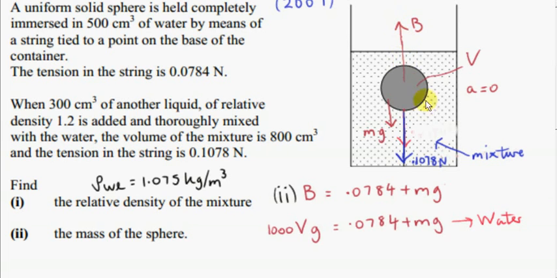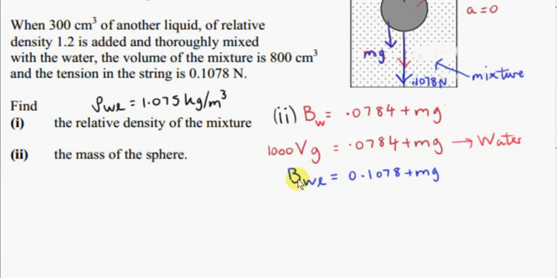And indeed that makes sense. We know that if the density of the surrounding liquid increases, then the buoyancy increases. So the upwards forces must equal the downward forces. The magnitude of the upwards buoyancy, WL, that's the water and new liquid mixture, is equal to 0.1078 plus mg.